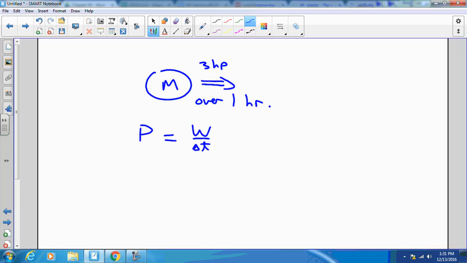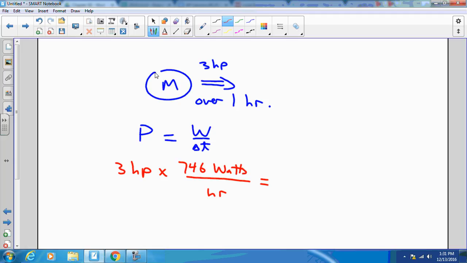Here, because we're asking about total work, it makes sense to set power equal to work over delta T. The only tricky part is that I need to make my units work out. So we're going to have 3 horsepower, and we're going to convert that into joules per second or watts at the rate of 746 watts per horsepower. Notice that I write out the unit watts so that you don't confuse it with work.